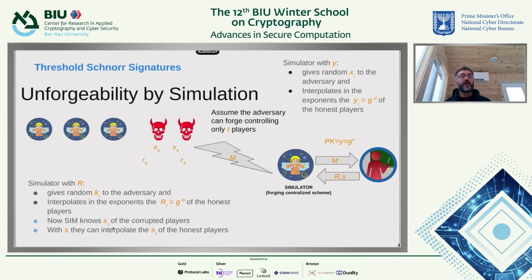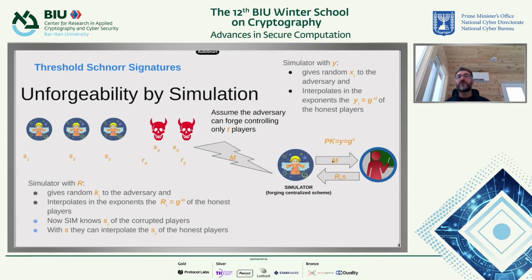Now, the simulator knows the Si of the corrupted players. Why does it know the Si of the corrupted players? Because it gave them Ki, it gave them Xi. And so, given S, it can interpolate the Si of the honest players and compute the simulation. Notice that in this simulation, the simulator was able to run this network on the same public key that was given by the challenger.